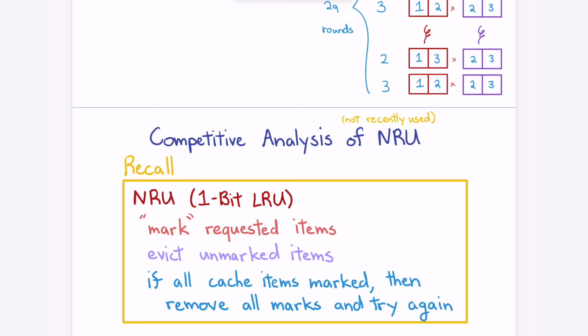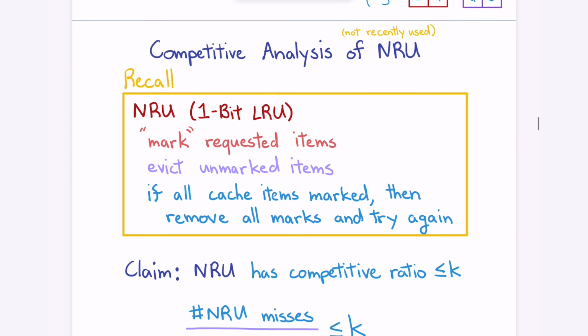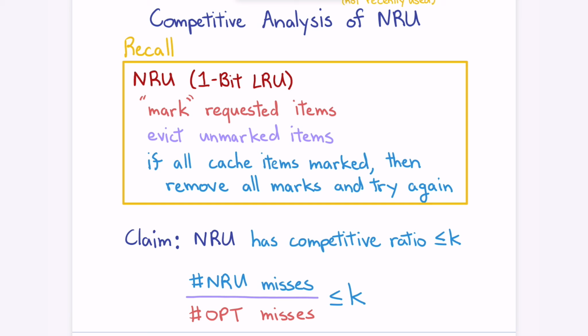Like k over 2, you're saying? Okay, I got k. Maybe it is k over 2 and I was being sloppy. But we're going to try to show that if you're using a cache of size k, you're going to make at most k times as many misses as opt. Okay? All right. So, okay, good.